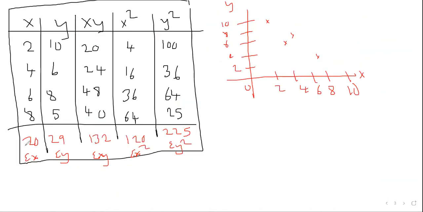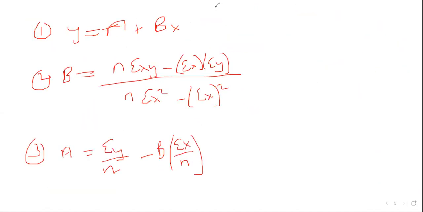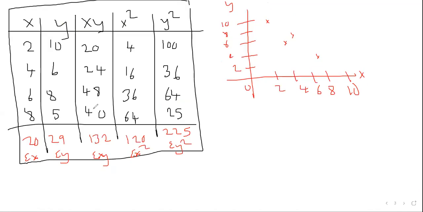So this is a very easy topic which only takes you 5 minutes to do. Here we have the summation of x as 20, the summation of y as 29. What else did we find? Our n, how many pairs we have? Our n is 4. There are only 4 rows there.